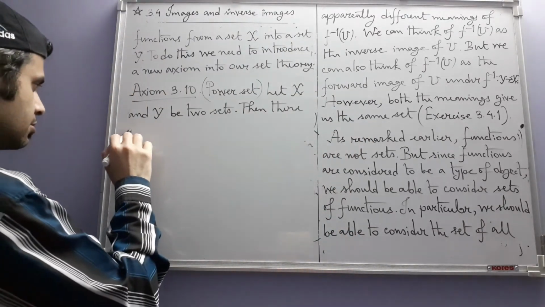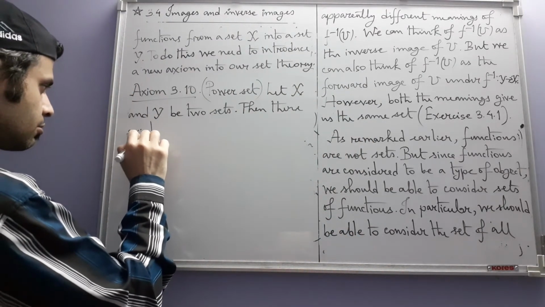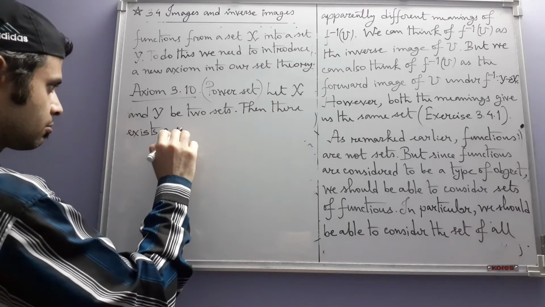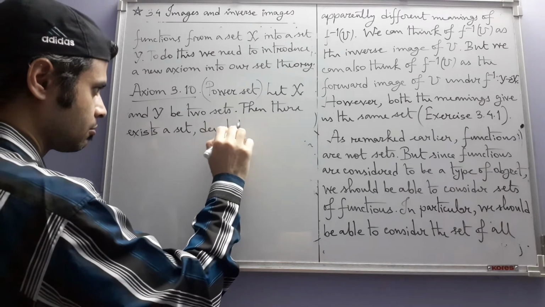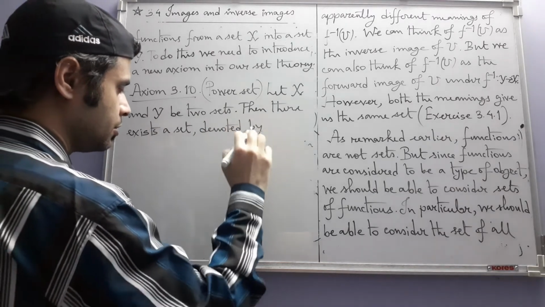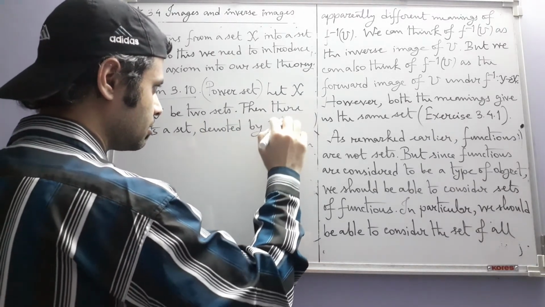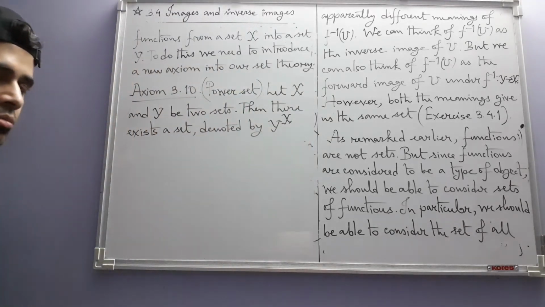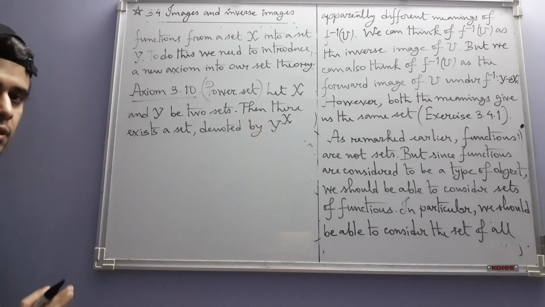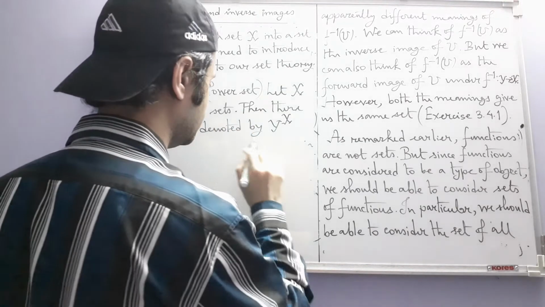Then there exists a set denoted by this somewhat strange notation. This notation may be somewhat unfamiliar to some of you, but we will see why we have this notation. There is a reason for this.